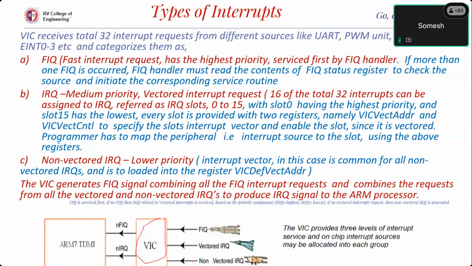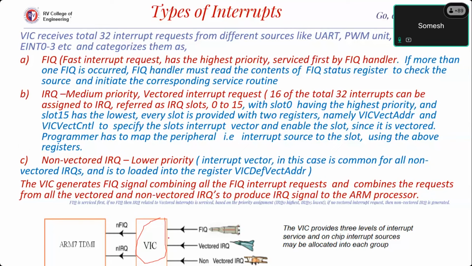In the 2148, there are 32 sources which can generate an interrupt, and it can select any one of them and generate an FIQ, or select any one of them and generate an IRQ to the core. That's the first job. So what is the first job of the VIC? Many interrupt requests arrive, and it selects any one of them and generates an interrupt to the ARM7.